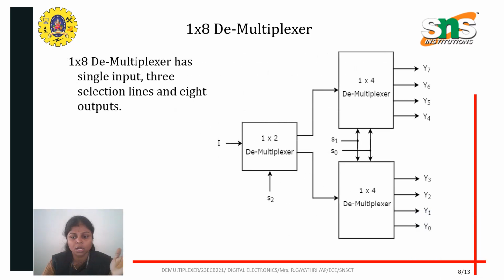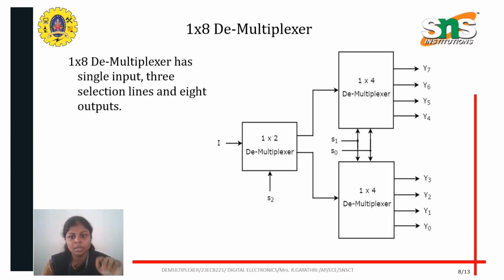Coming to the 1 cross 8 demultiplexer, it is designed using two 1 cross 4 demultiplexers and one 1 cross 2 demultiplexer. The 1 cross 2 demultiplexer has one input and two outputs, and the selection line will be 1.